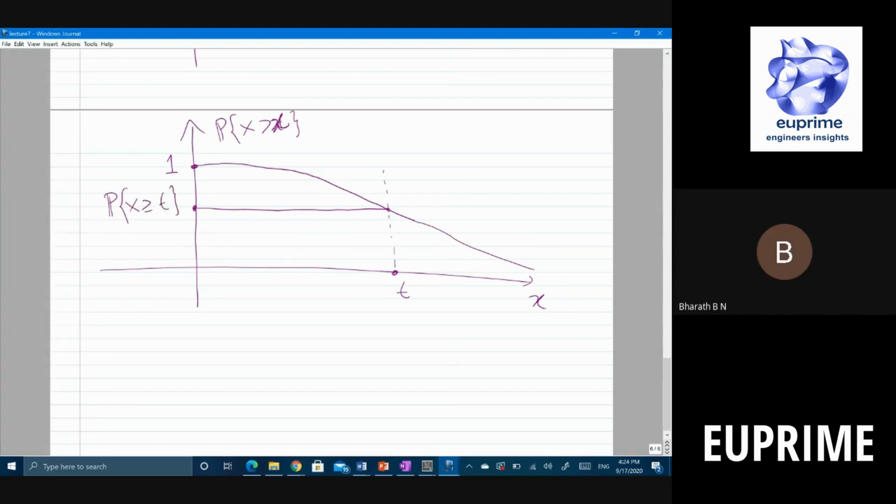Do you agree? Yes, sir. Now, if you look at this area, what is the area of this? The area is t times the probability of X greater than or equal to t. What will be the area of the entire curve?